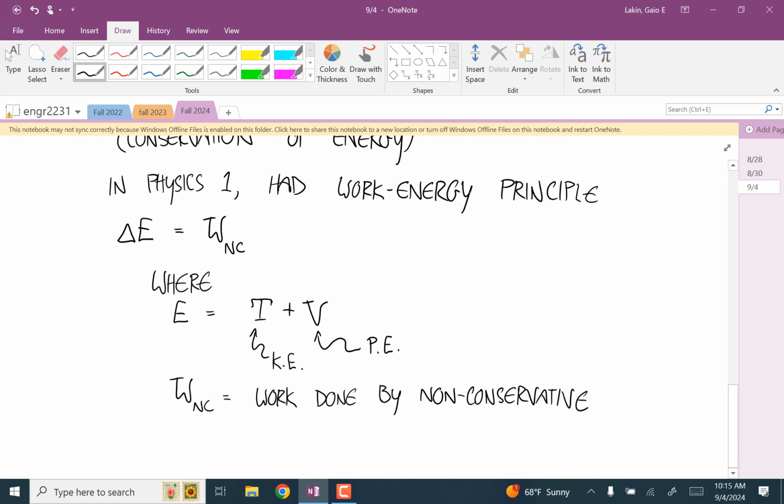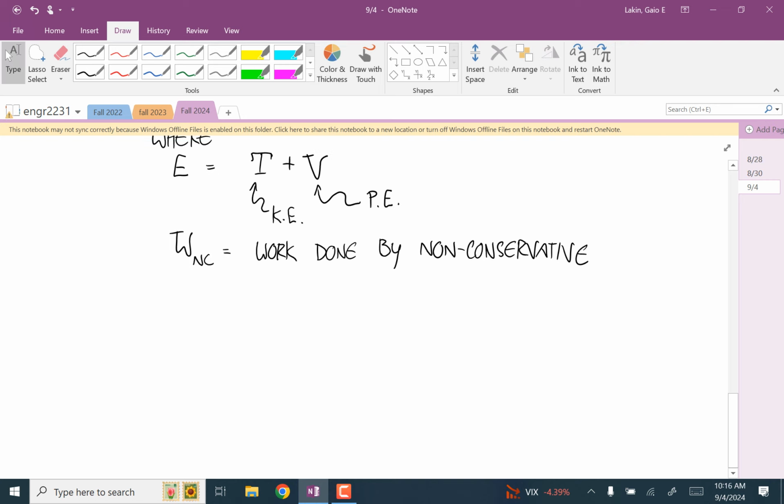So the work done by conservative forces is incorporated into this V, and the work done by non-conservative forces is in that W.